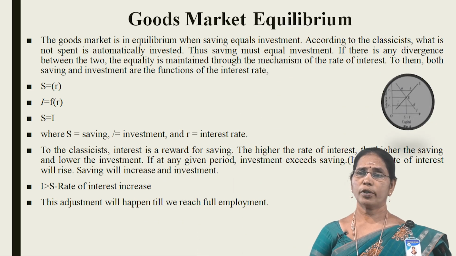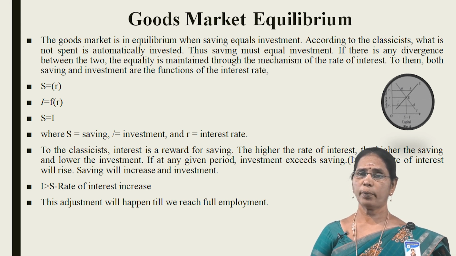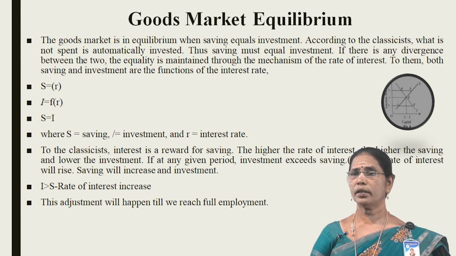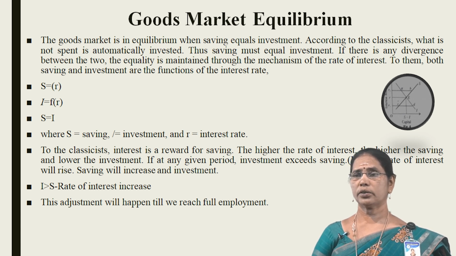Goods market equilibrium. The goods market is in equilibrium when saving equals investment. According to the classicalists, what is not spent is automatically invested. Thus, saving must equal investment, and if there is any divergence between the two, the equality is maintained through the mechanism of the rate of interest.